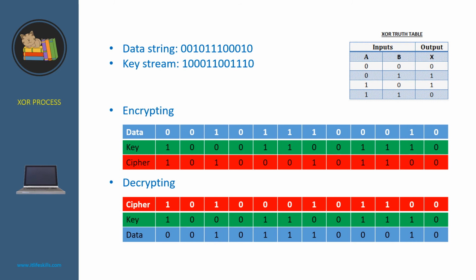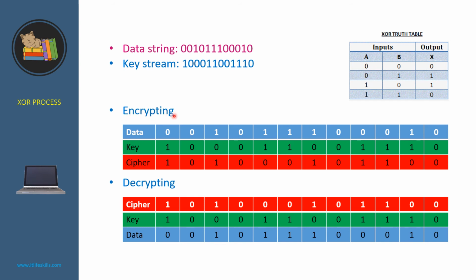Finally, let's look at the XOR process. To understand the XOR process, we need to know the XOR truth table. And here is the data string that we want to encrypt. And here is the key stream generated by the WEP process.